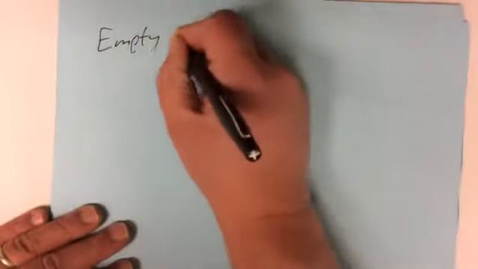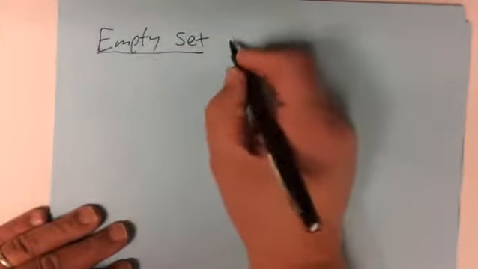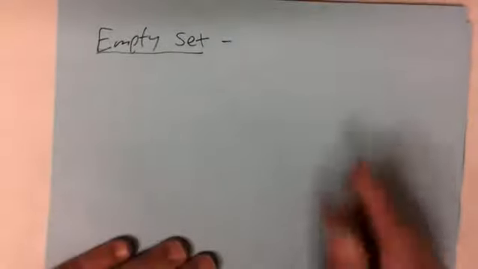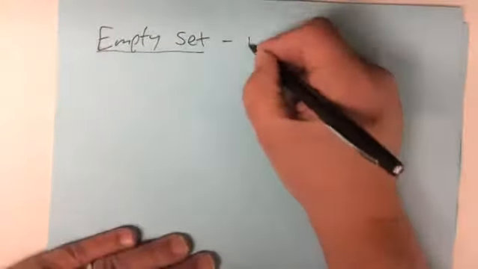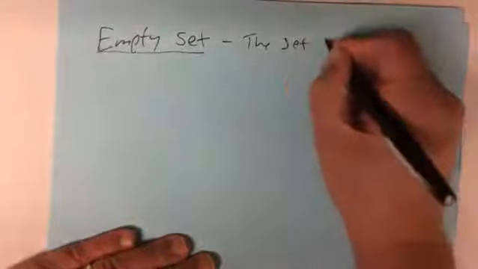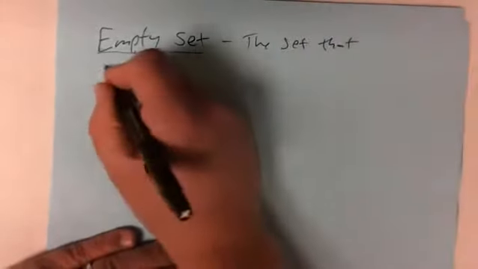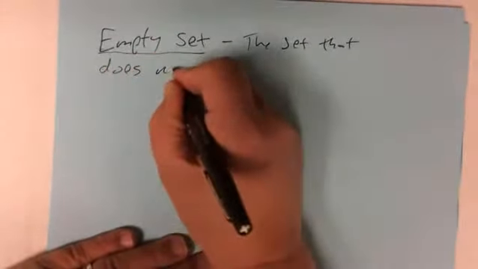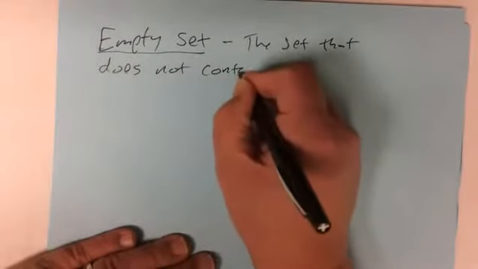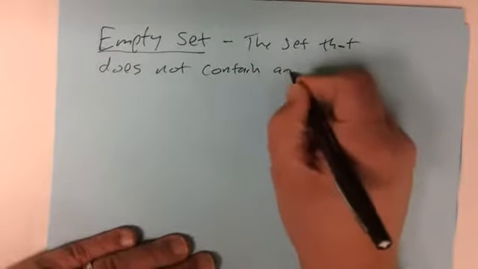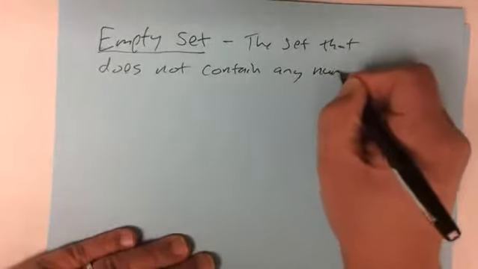Okay, so the final concept that we're going to talk about is the empty set. The empty set is the set that has a cardinality of 0. So it is the set that does not contain any numbers.